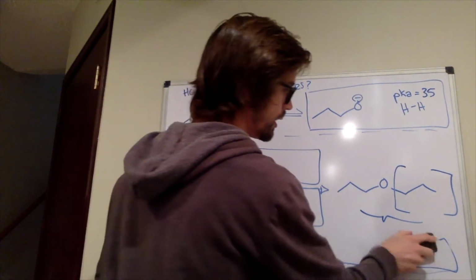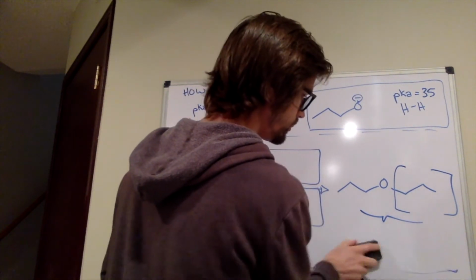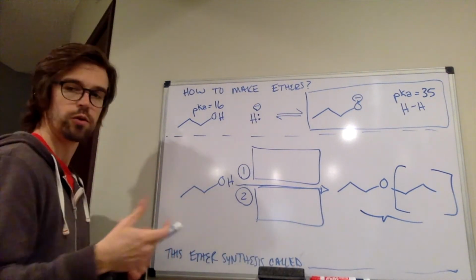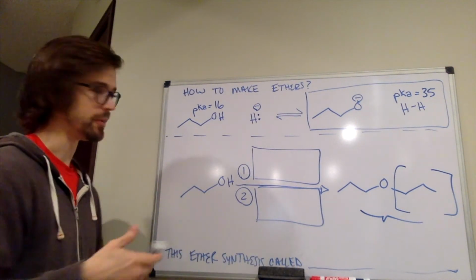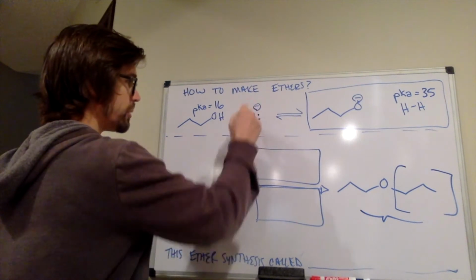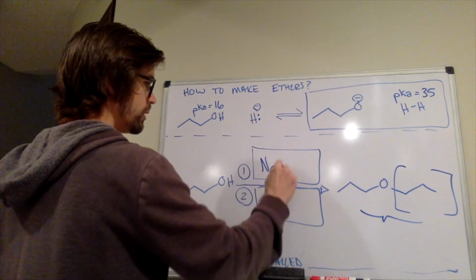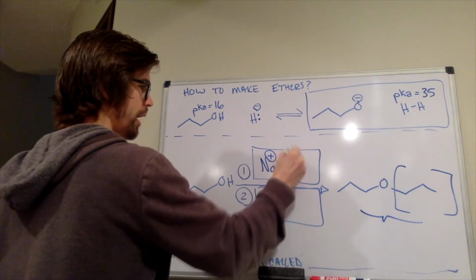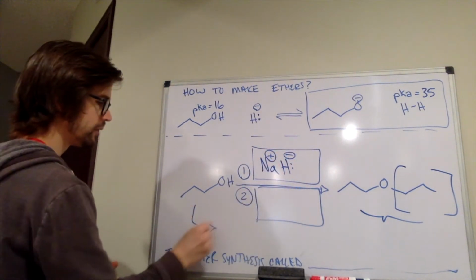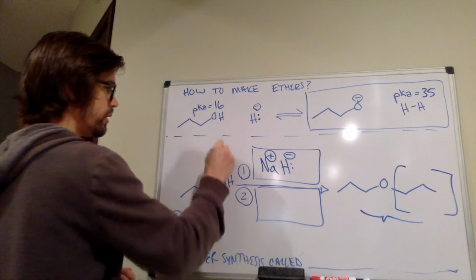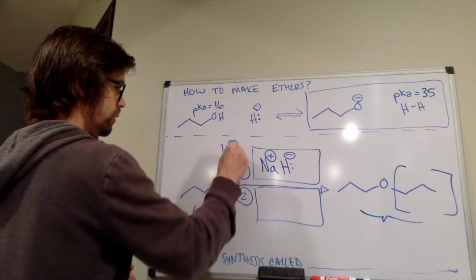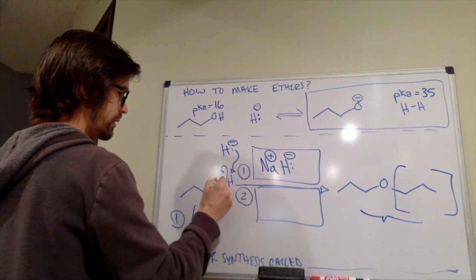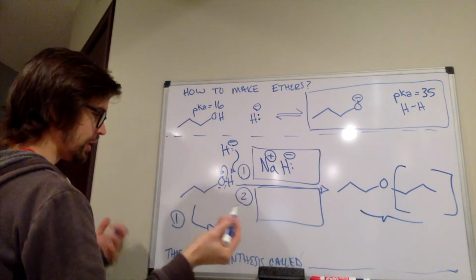We first have to make this alcohol a good nucleophile, and we do that through acid-base chemistry. We would just add sodium hydride to it. And remember, sodium hydride, sodium plus, H-, so we have a really strong base. Once we add reagent 1, the H- is going to grab that proton. Those electrons are going to go back to the oxygen. It already had 2 lone pairs, now it has 3.